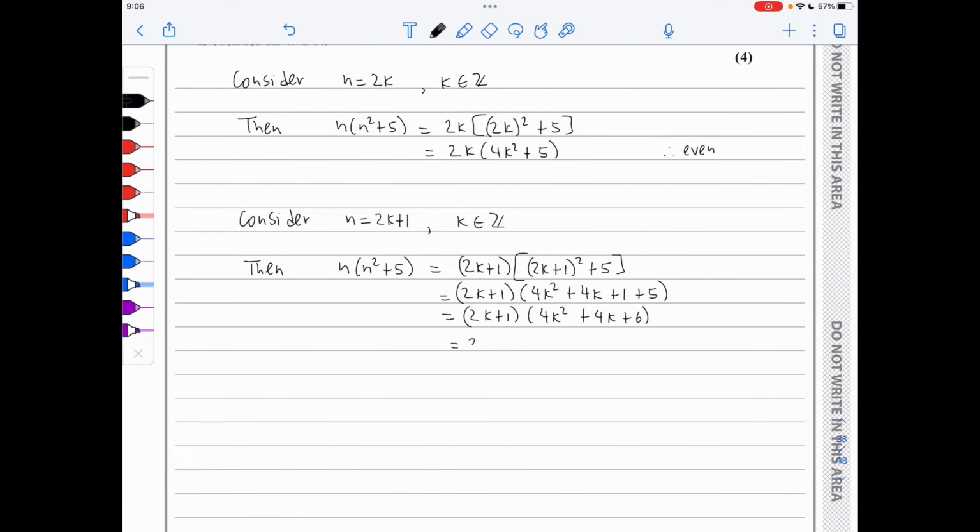So this can be written as 2 times (2k plus 1) times (2k squared plus 2k plus 3). And therefore we also conclude that this is even. And we need an overall conclusion. We say that hence n times n squared plus 5 is even for all n in the natural numbers.